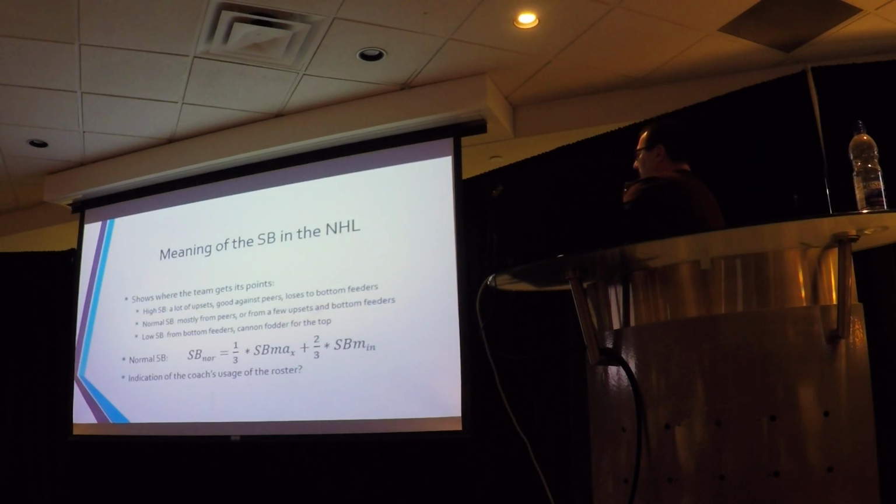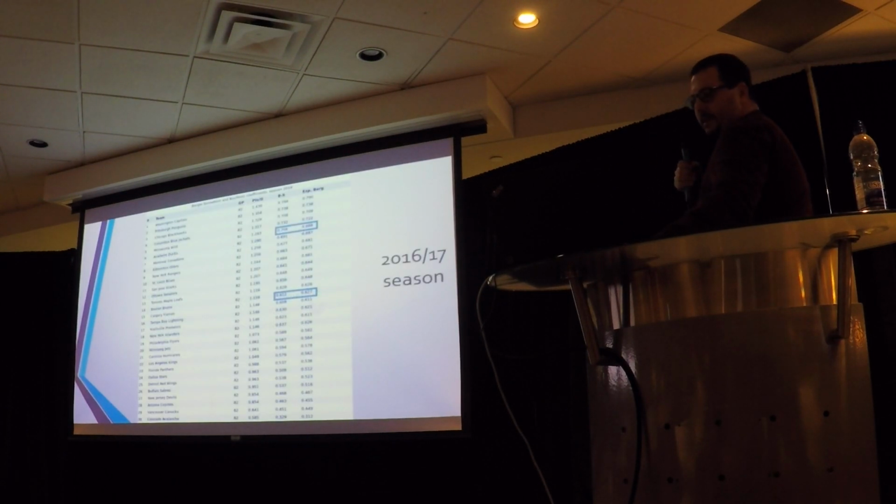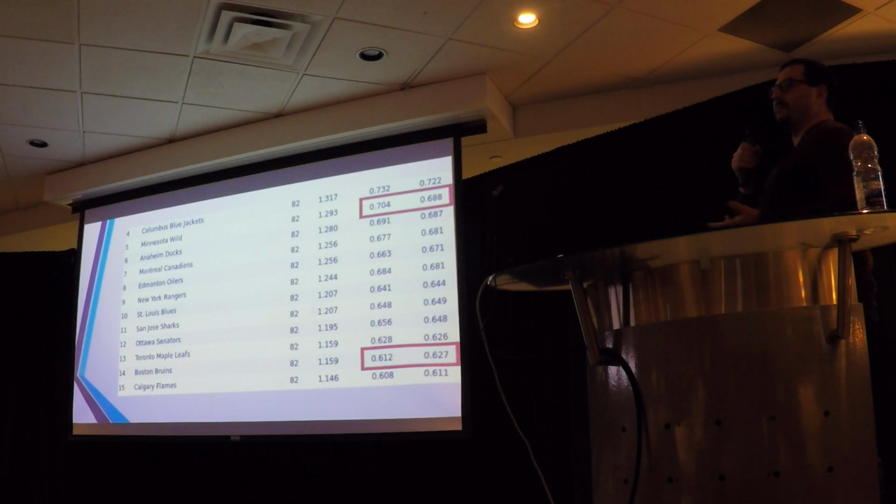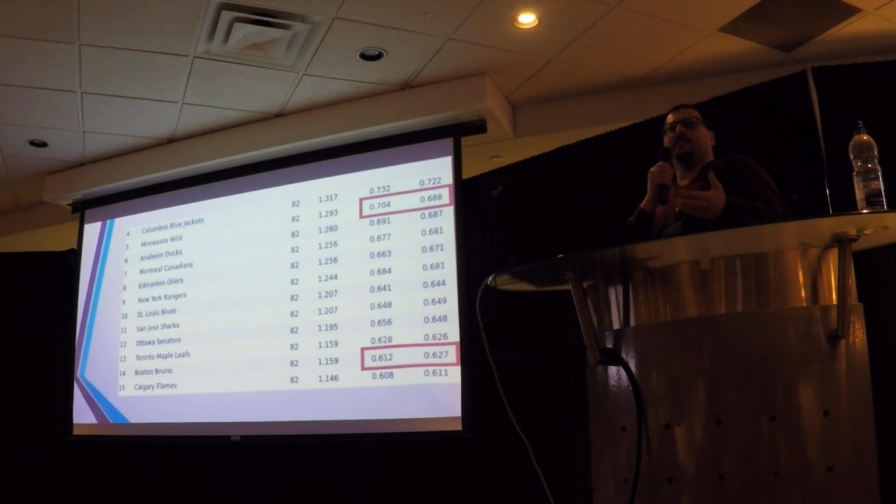And so we can compute the expected Sonneborn-Berger coefficient, and we can compare it to the actual, and then we see that sometimes we see the teams that were beating the tougher opposition more often than they should have been, and the other way around too. And I think it's maybe some indication of the roster usage by the coach.